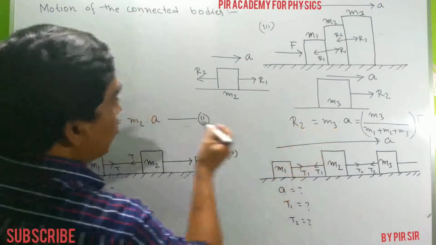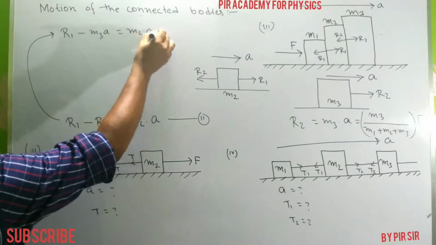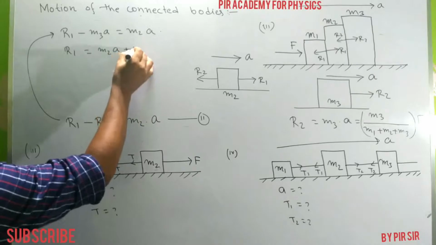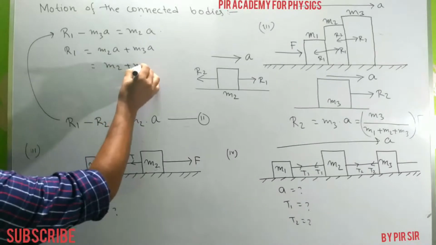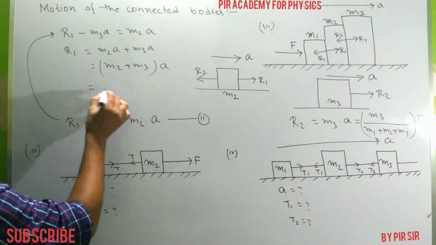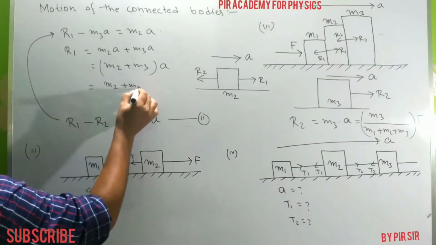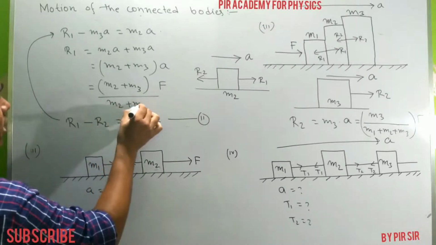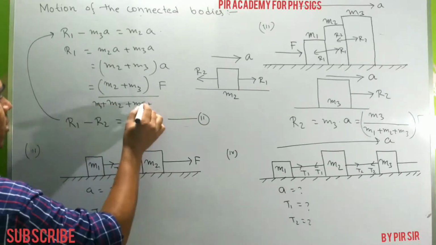Here the value of R2 means M3 into A, equals M2 into A. That means R1 equals M2 into A plus M3 into A. That means M2 plus M3 into A. Then you put the value of A, which is F divided by M1 plus M2 plus M3.